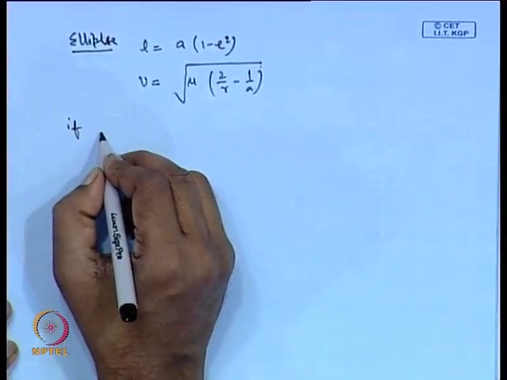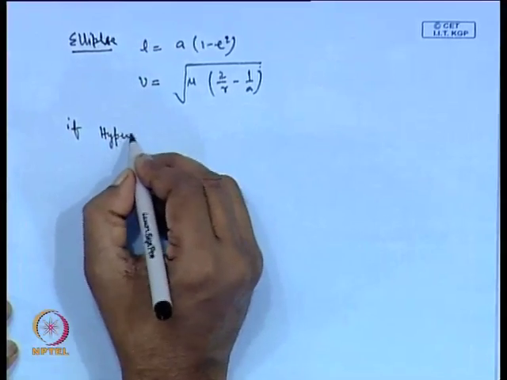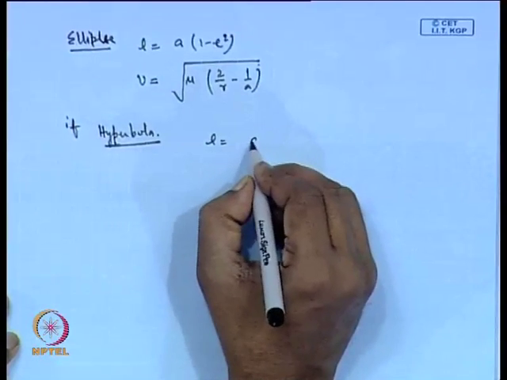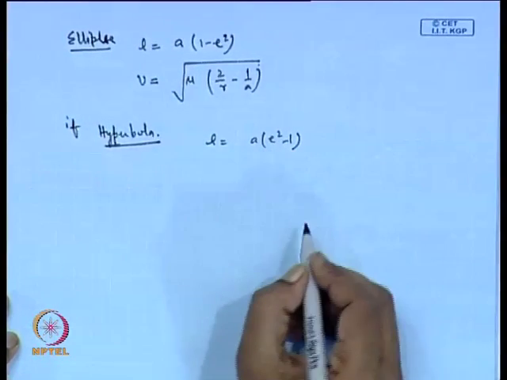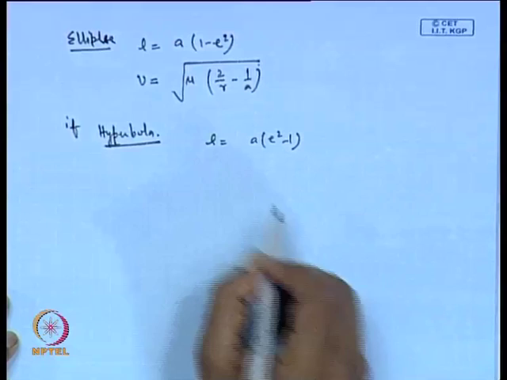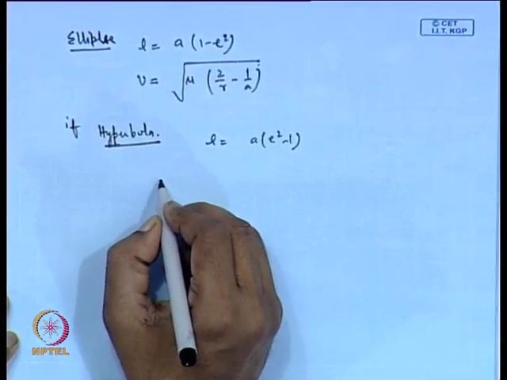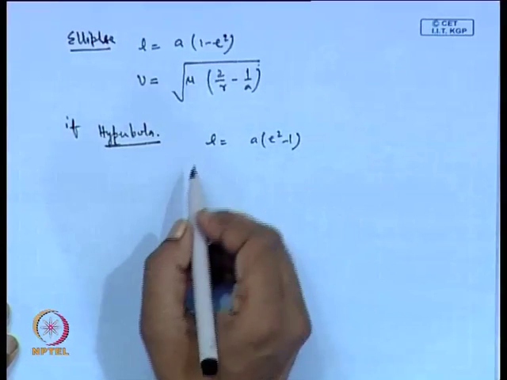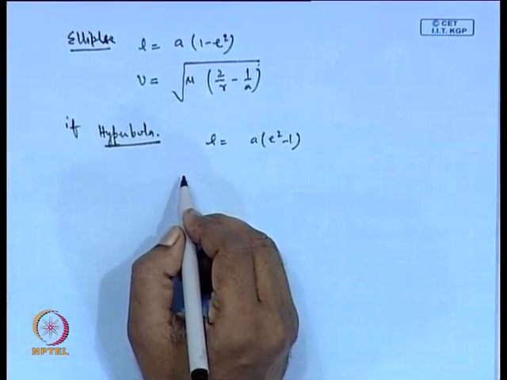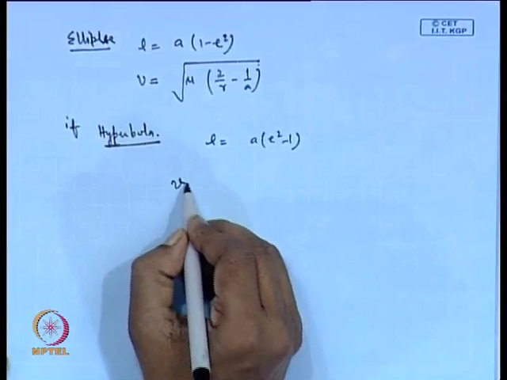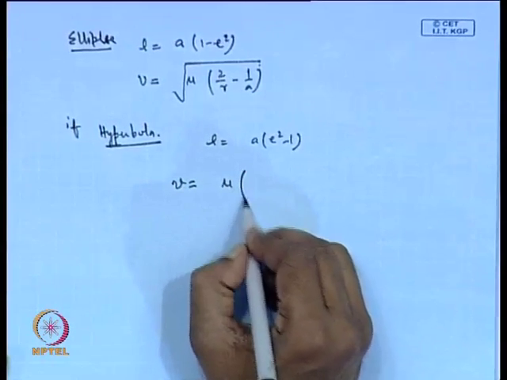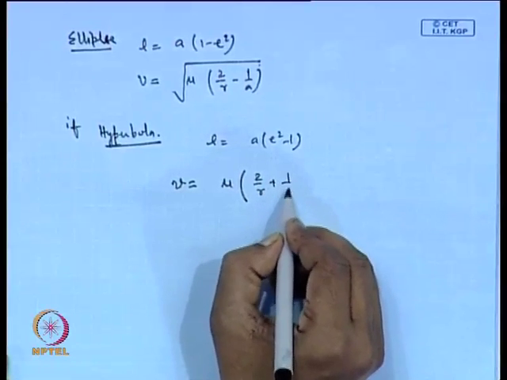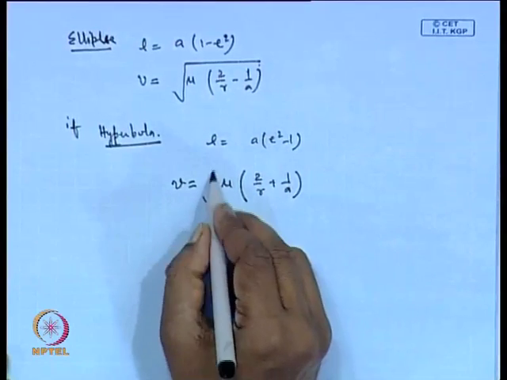If we have hyperbola, so for that the L will be given by a times e square minus 1. So, the result will get reversed and there the change of sign will take place. So, we can write this as V is equal to root of mu times 2 by r plus 1 by a.